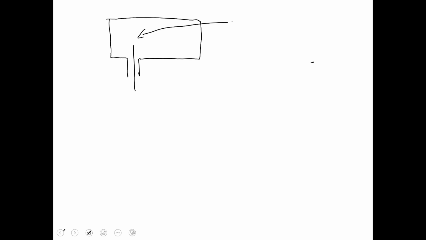If, on the other hand, I took the same shape and, instead of having it in the center, put the conductor slightly on the side, then you would notice that the maxima of the electric field would be somewhere close to here.